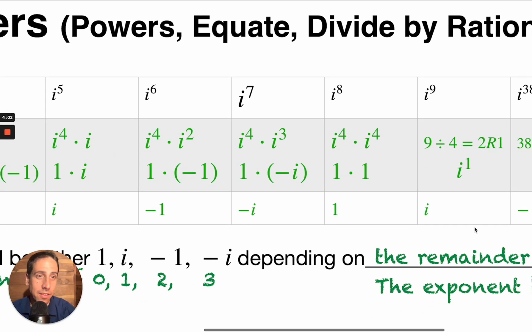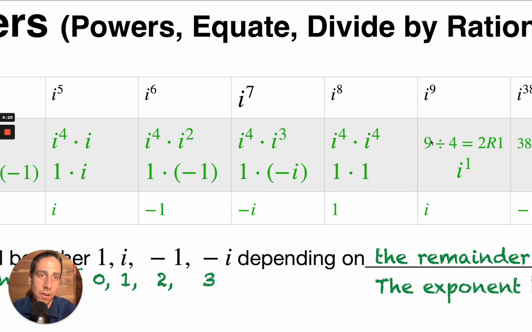i to the ninth. Well, we're starting to notice a pattern here. Every time you have an i to anything higher than i to the fourth, you just remove the 4 i's, and they're all going to equal 1. So if I know that 9 divided by 4 is 2 remainder 1, like here, 8 divided by 4 is 2, that means I'm going to have 2 sets of i to the fourth.